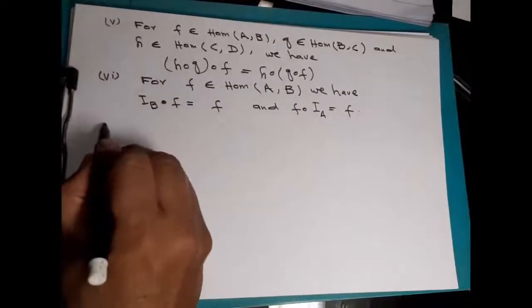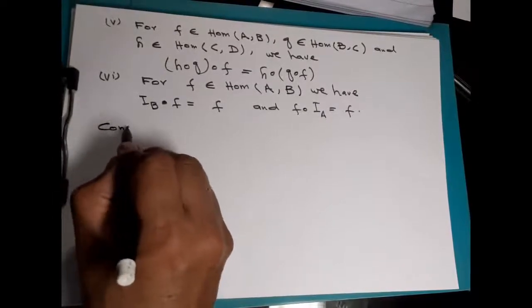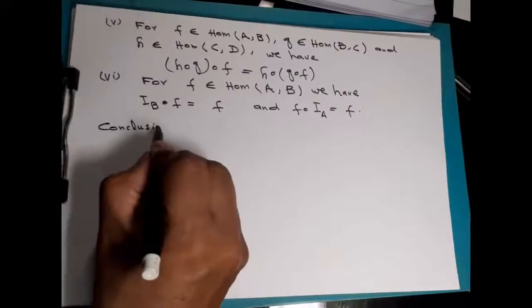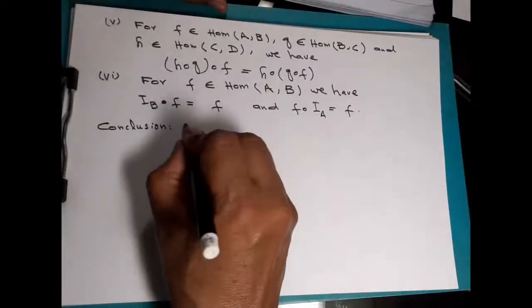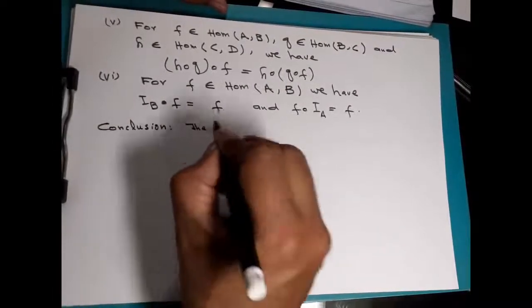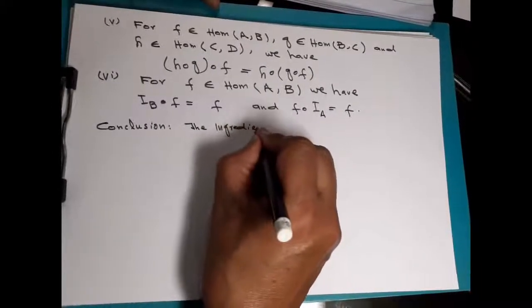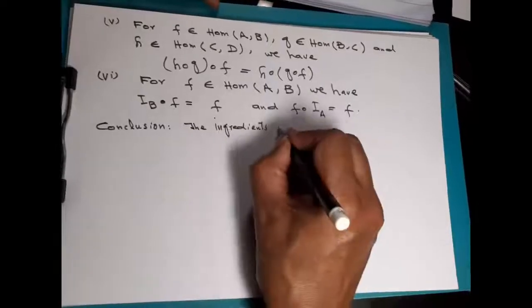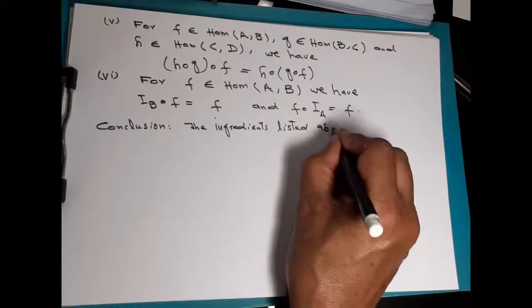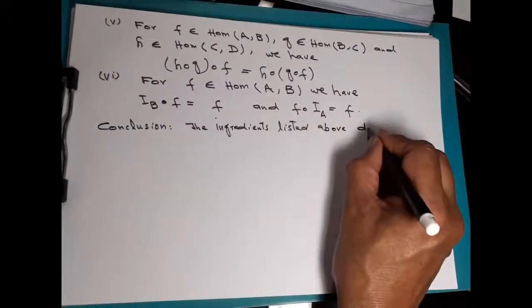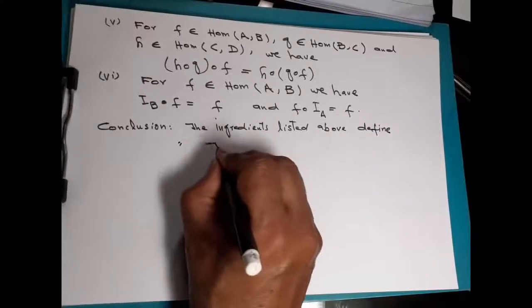So let me comment that. Let's write it as conclusion. The ingredients listed above, or the data listed above, define the category of sets.